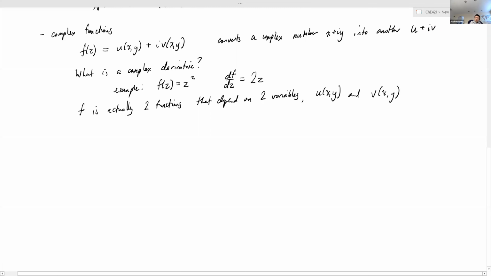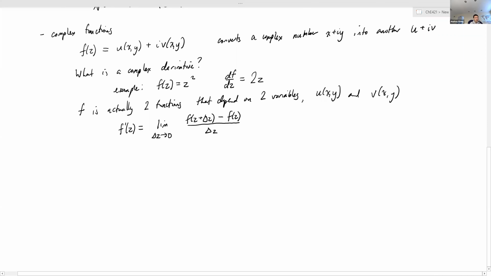And so, just like before, where the derivative of a function can be written in terms of this limiting finite difference, we can do the same thing in complex numbers.